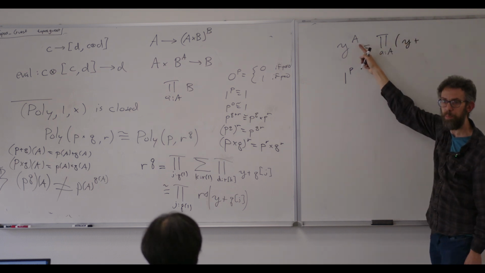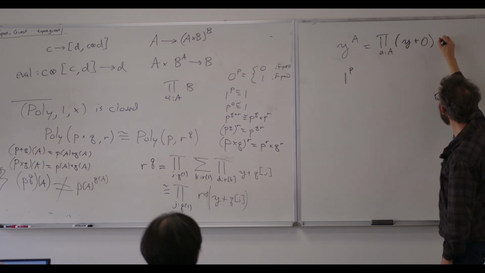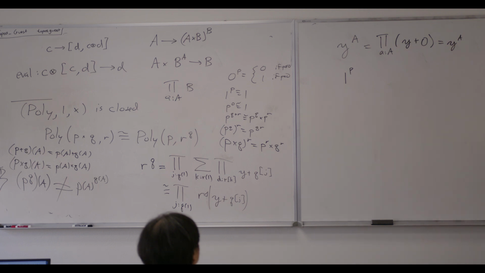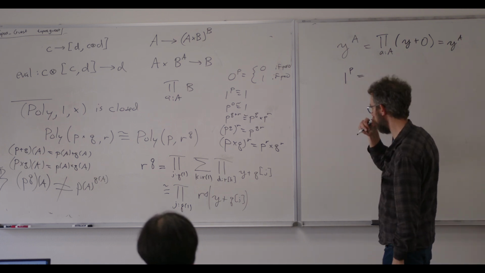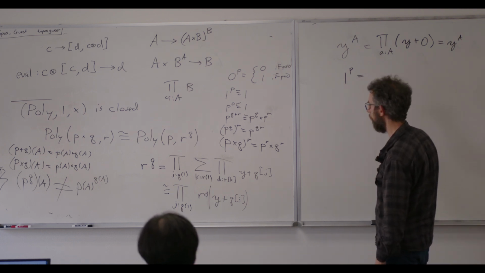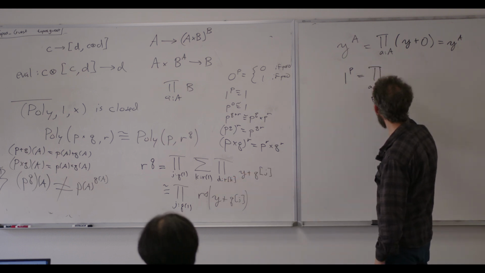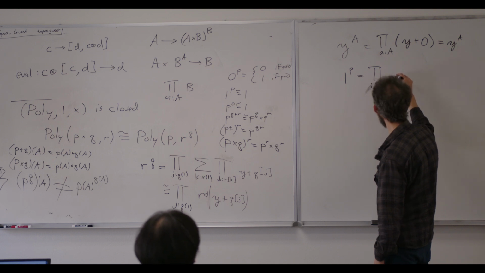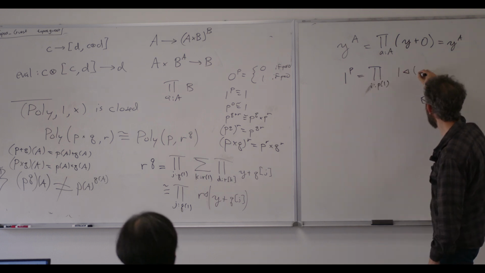What are the directions of this thing? 0. Y times y times y times y. Okay, so that's fine. And then similarly here, this thing says it's product over positions of p of 1 composed with some stuff.